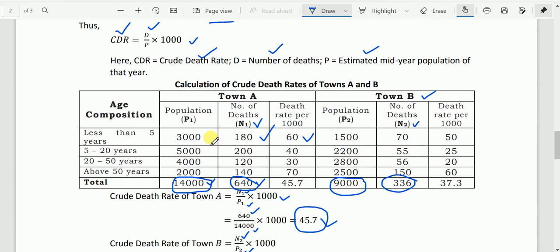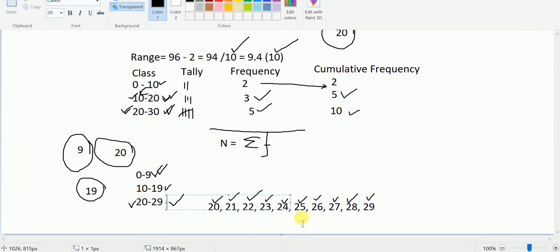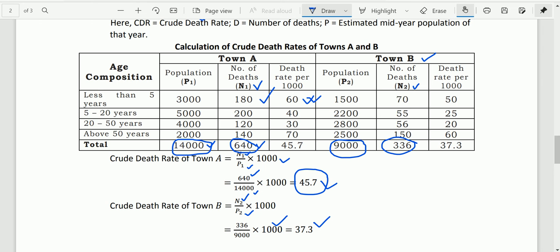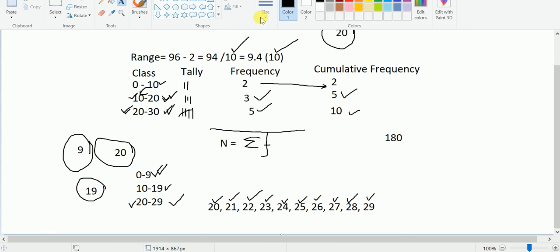Likewise, see here, for this particular group also we have to find out. It is very easy. We have to do like this. So here, what is the value here? That is 180, 180, okay. 180 divided by what?